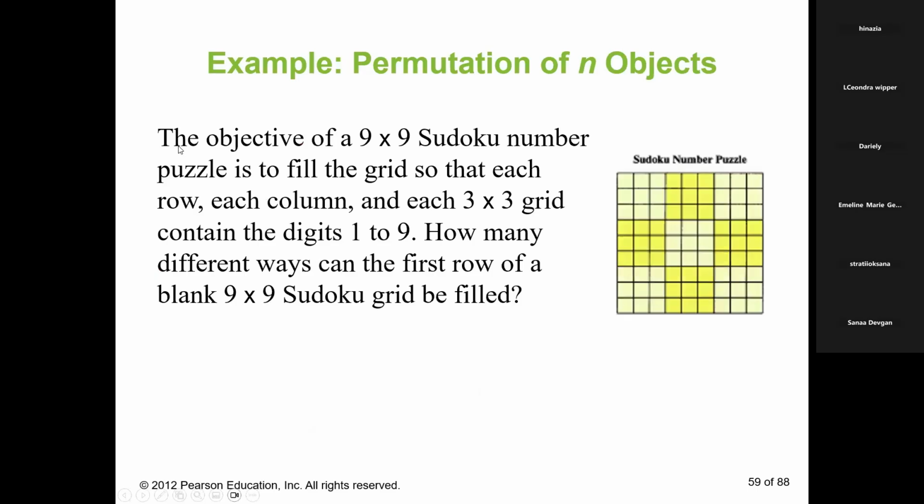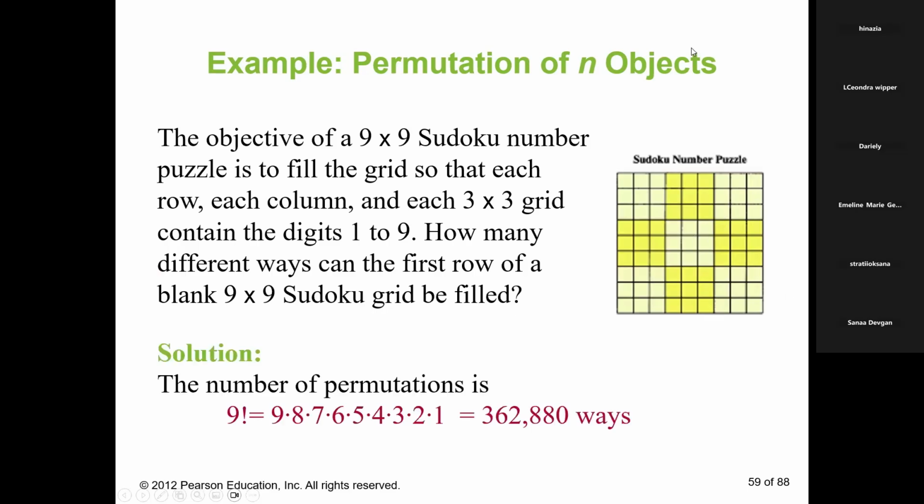The objective of a 9 times 9 Sudoku number puzzle is to fill the grid so that each row, each column, and each 3 times 3 grid contains the digits 1 to 9. How many different ways can the first row of a 9 times 9 Sudoku grid be filled? This is just 9 factorial.